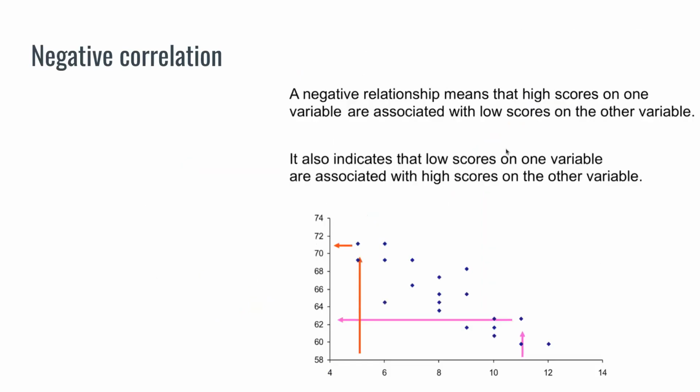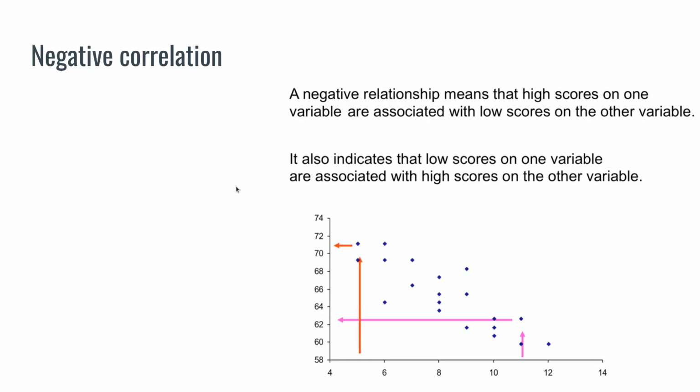And a negative relationship means that high scores on one variable are associated with low scores on the other variable. So it indicates that low scores on one variable are associated with high scores on the other variable. So we looked at positive and negative correlation.